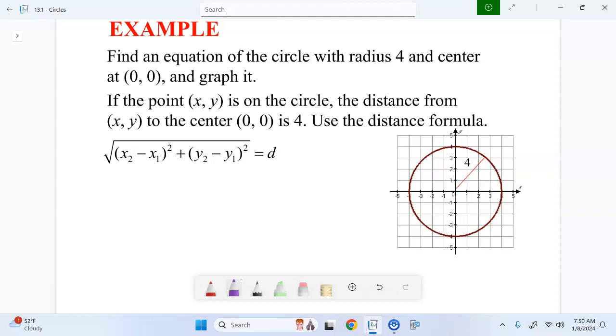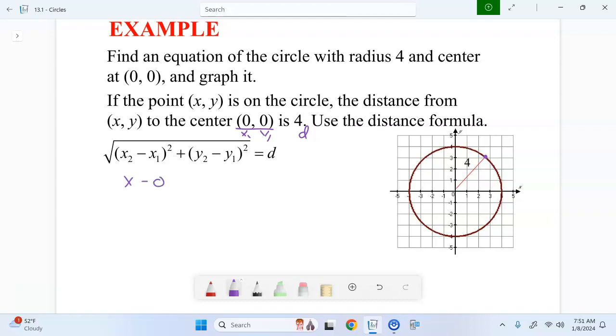This point right here isn't on any easy-to-determine place, but what we have been given is one of the points, and we've already been given the radius, and that's all we really need in order to find the equation for the circle. So 0, 0 is going to be our first point. That's x1 and y1. And the radius is our distance. The radius of 4 is our distance. And so we can take our distance formula and plug it in and say, okay, I don't know what x2 is, so I'm just going to leave it as x.